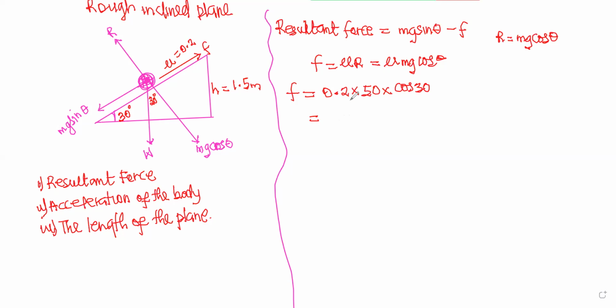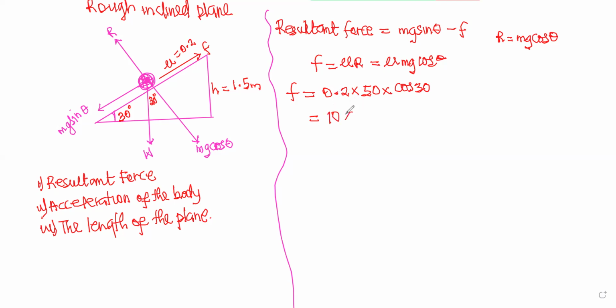So what is 0.2 times 50? Class, 0.2 times 50. 10.